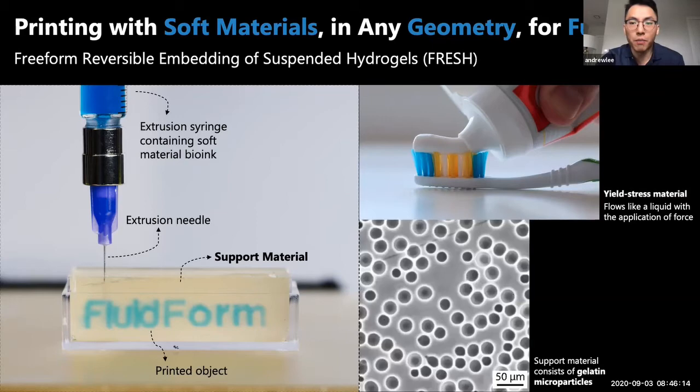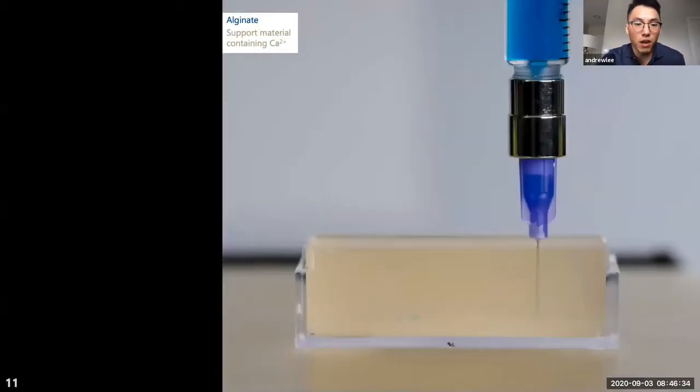This yield stress behavior comes from the fact that the support material is derived from millions of gelatin microparticles that get packed in very tightly in our process, and they act to provide the support material with this yield stress behavior. I think this process is really simple and intuitive when you watch it happen.